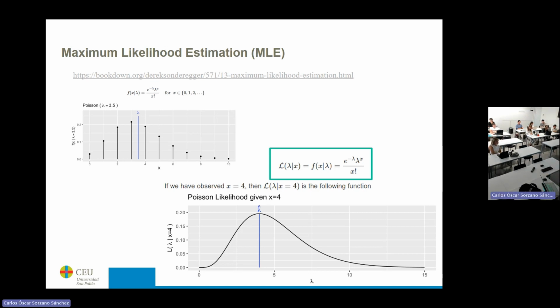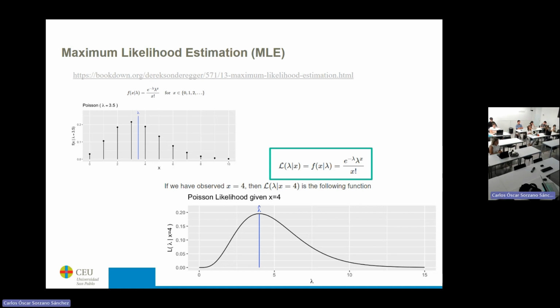I know the fact that it follows a Poisson means that if the true value, let's say it is 3.5, I will see no neutrophils with probability 0.05, 1 with probability 0.1, 2 with probability almost 0.2, and so on. So this will be the distribution, the number of neutrophils that I will see, if lambda is 3.5.